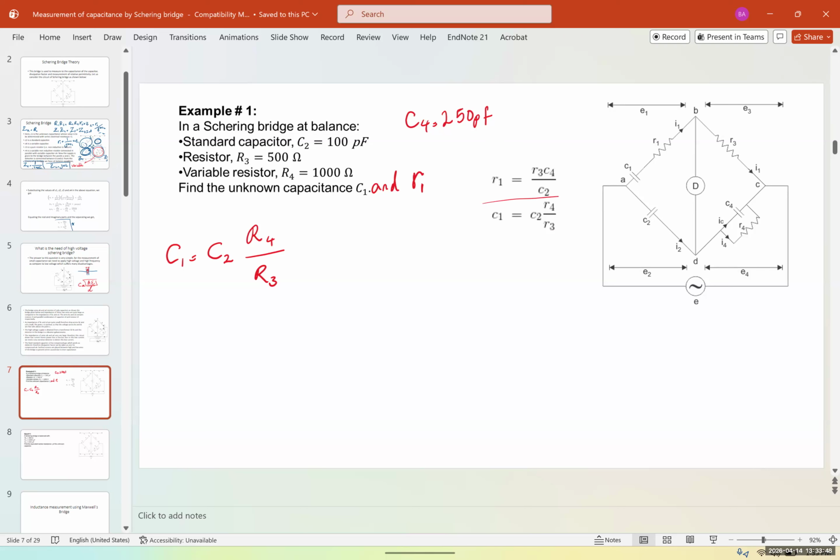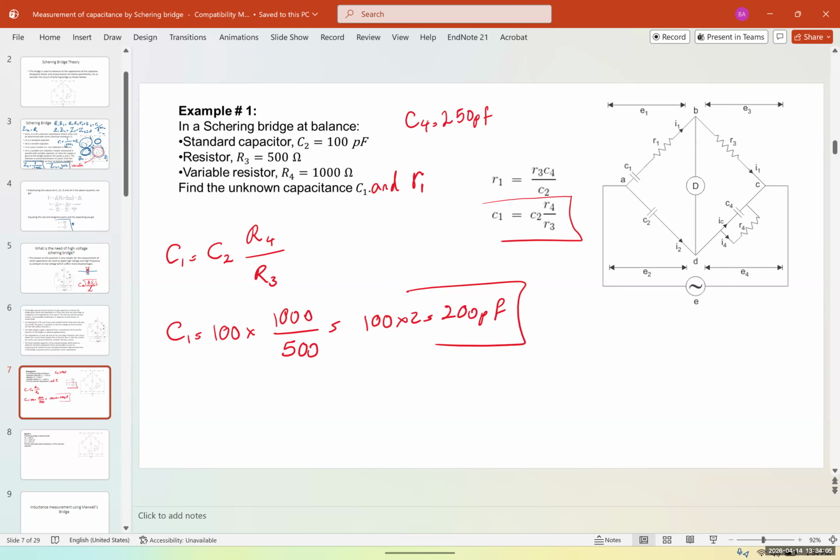So we're using the second equation. So C1 would be equal to 100 times 1000 over 500, which is going to be 100 times 2, which is 200 picofarad. Now R1 is equal to R3 C4 over C2.